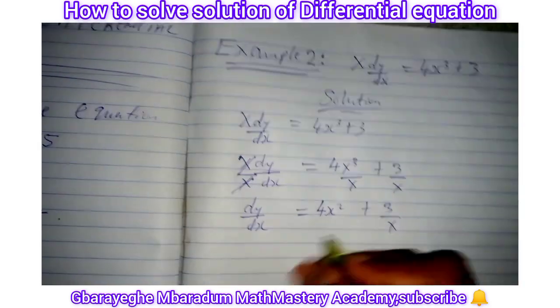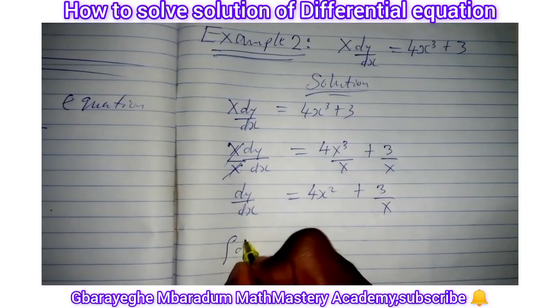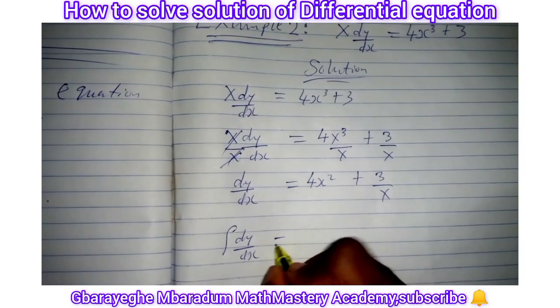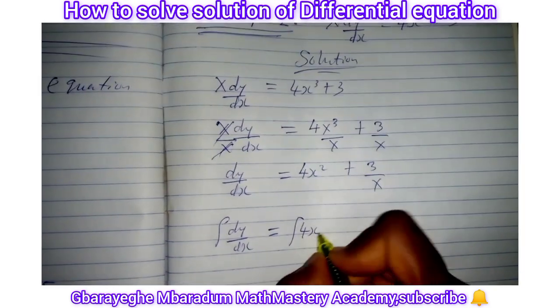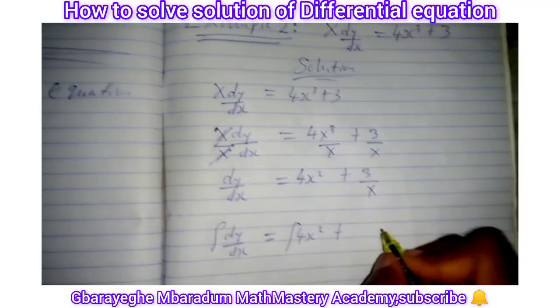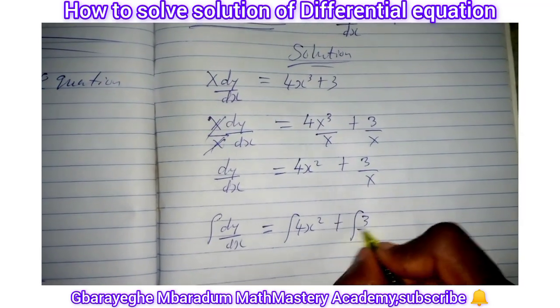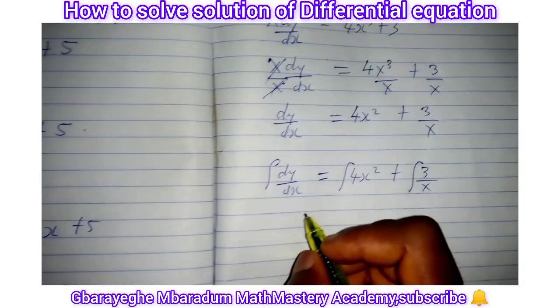Now we integrate both sides. When we integrate dy over dx equals, we integrate each of these terms: the integral of 4x squared plus the integral of 3 all over x.